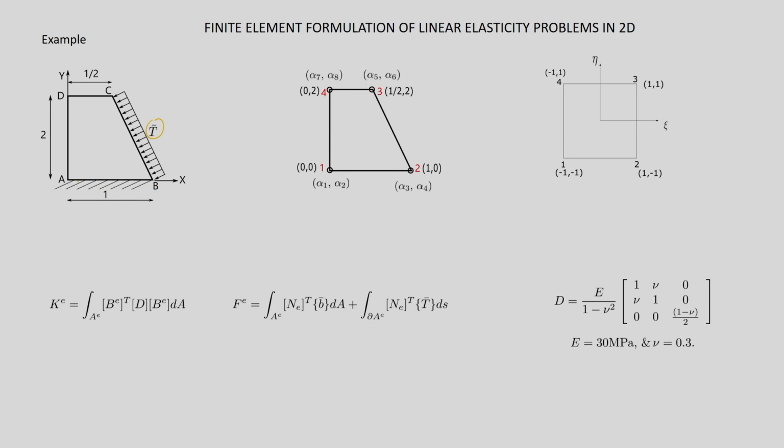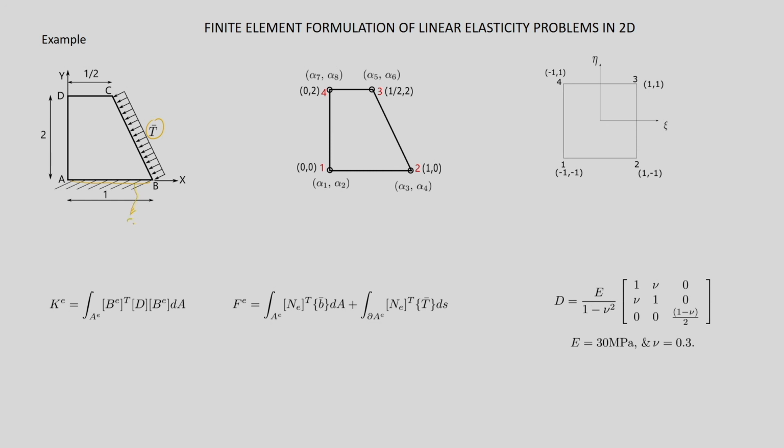It means that for any point on AB, both the displacements ux and uy are equal to 0. So, any point on the edge AB cannot move, they cannot have any displacement. They are perfectly constrained.